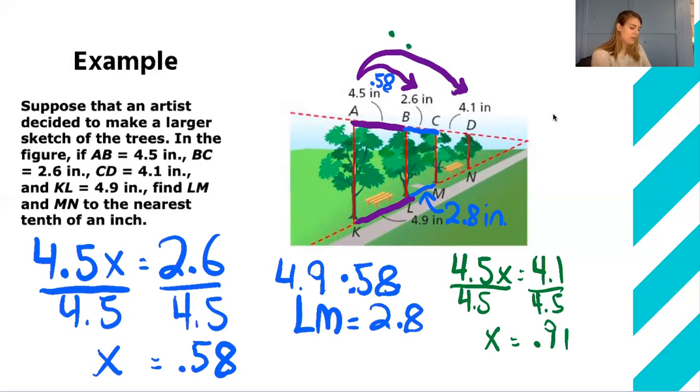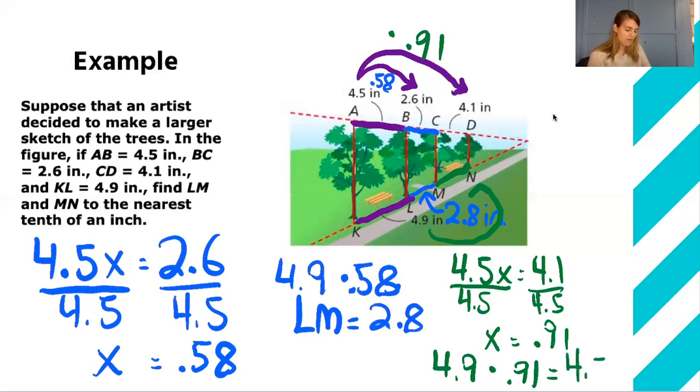So I multiplied 4.5 times 0.91. So I'm going to do the same thing with 4.9 down here to find MN. I get 4.5.